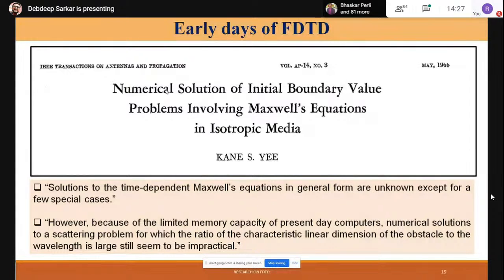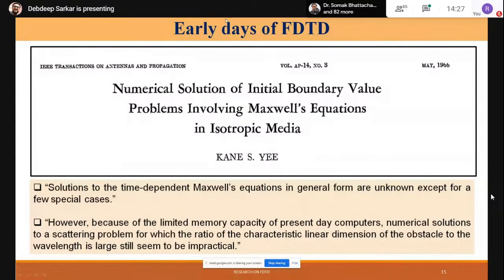Now, early days of FDTD. We need to understand why we needed this, and what was the actual motivation behind the people, let's say Professor Kane S. Yee, who formulated the FDTD equations, or gave an idea about how to lead to this kind of framework.